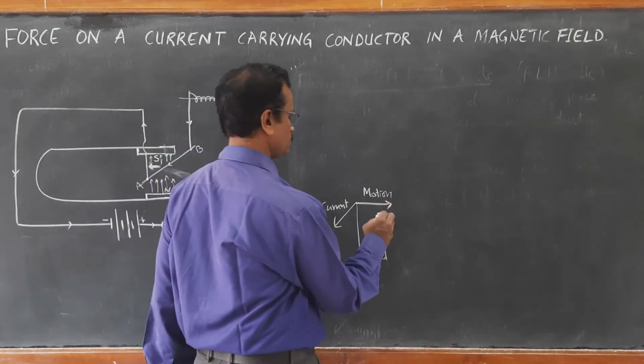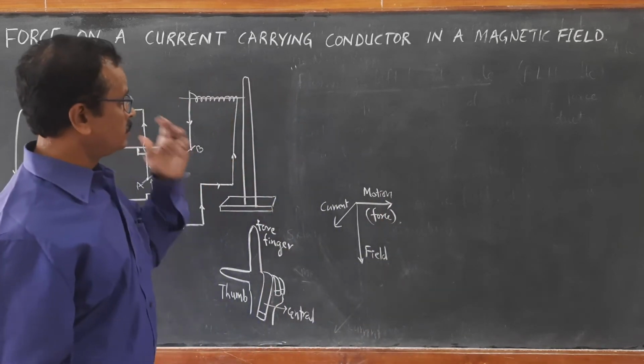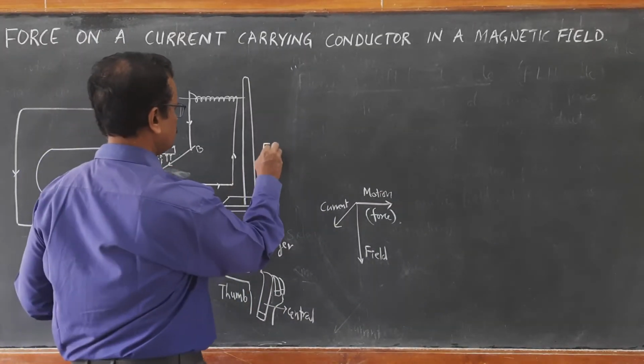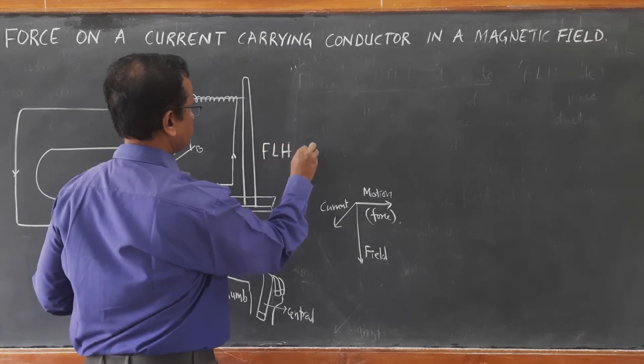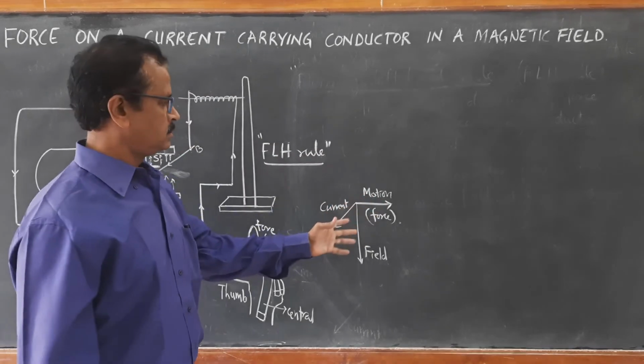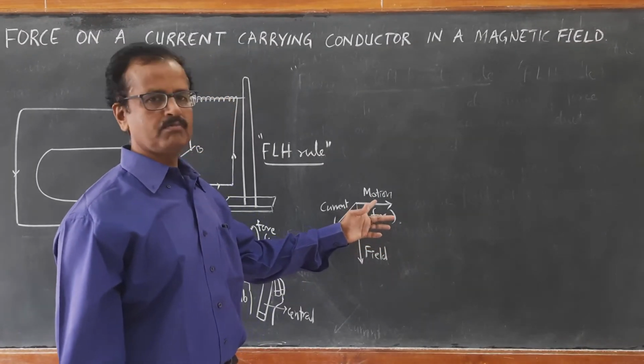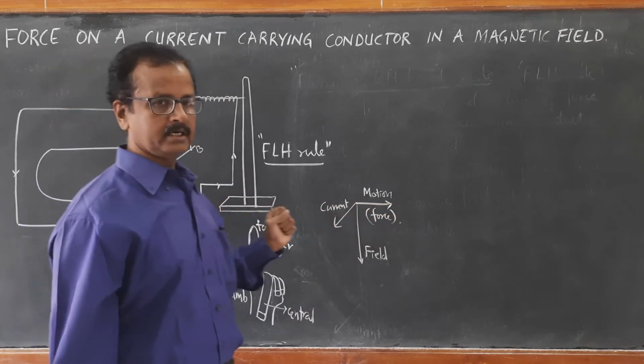Or you can say the direction of force on the current carrying conductor. That's how Fleming's left hand rule becomes the guiding principle to determine the direction of force or the direction of motion of a current carrying conductor.